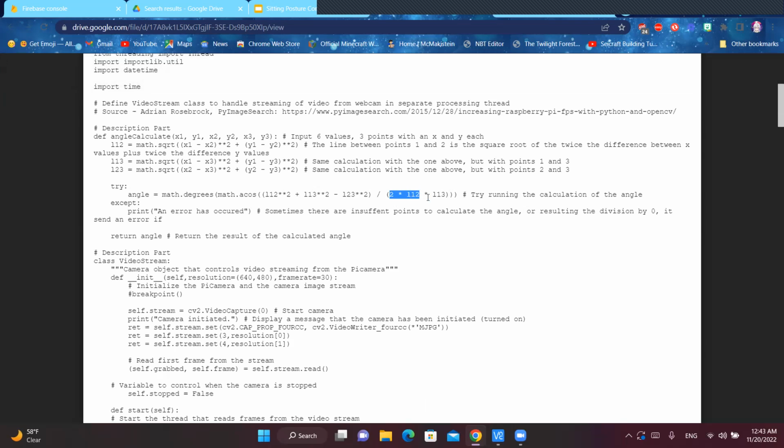So in this part, the problem is when any of these two numbers are 0, then this whole number will become 0 since this is multiplication. And because we cannot divide by 0, when I try to divide by 0, the program will crash. So I put a try over here.